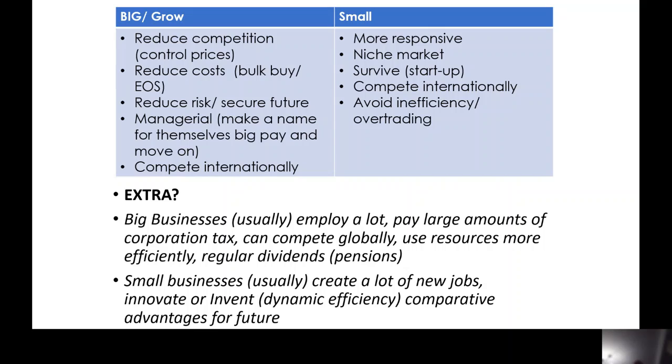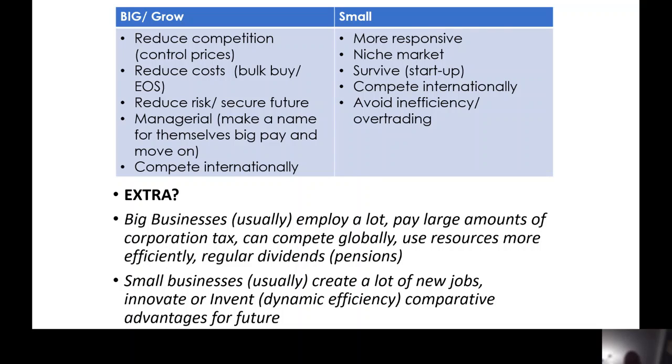We looked at big and small firms, why you want to be big and grow, why you want to maybe be small. So big linked to horizontal integration, reducing competition, reducing costs, linked to conglomerate integration, reducing risk, securing future, linked to business objectives, revenue maximizing, managers making bigger pay packets for themselves, and growth internationally.